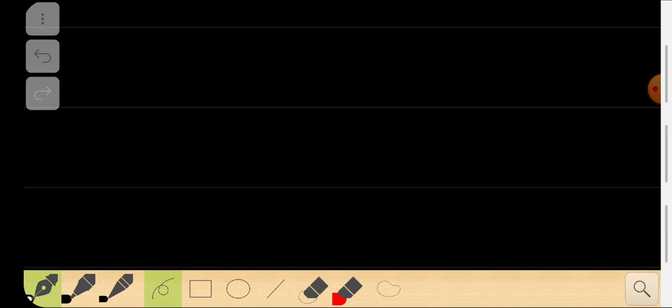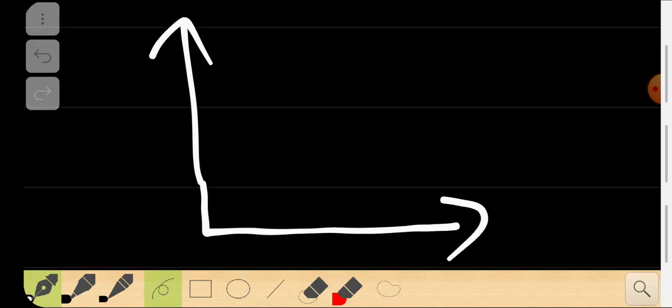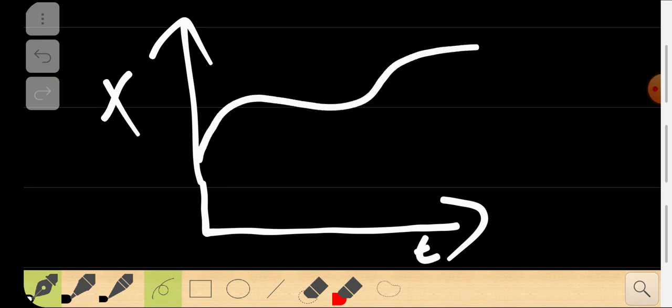If you have a particle moving from some point to another point, you can represent that motion in terms of a displacement versus time graph. The curve would look something like that, and what you can now generate is the velocity time graph by just differentiating this function.